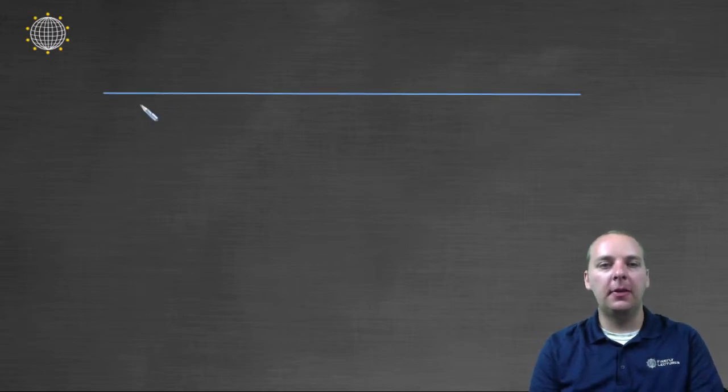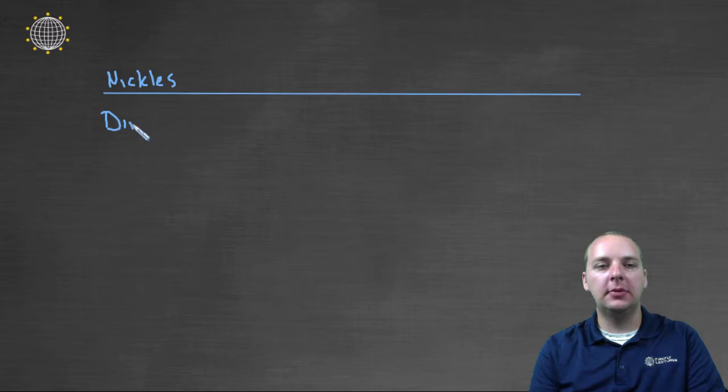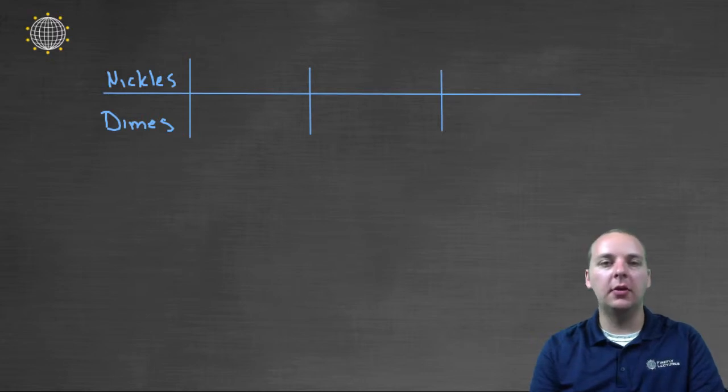We've got nickels, then we have dimes, and then these columns that we have are going to represent some different information. Anyway, not the best looking table, but I think it'll do.